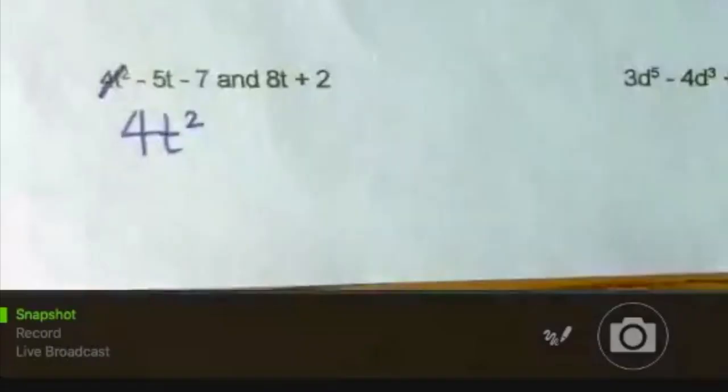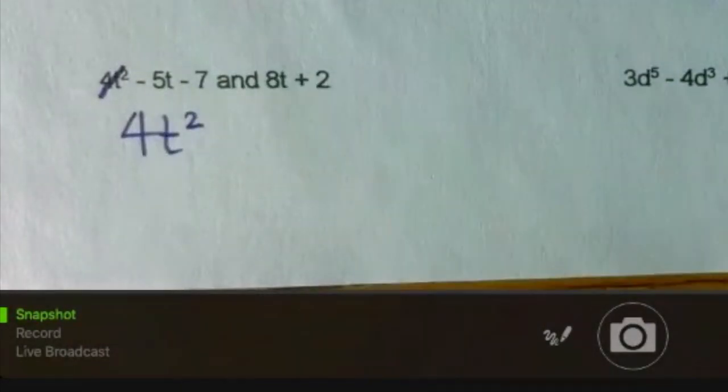So I used that guy. He's gone. So then you said I can combine something with the 5t. I have a negative 7, an 8t, and a 2. Which one's going to go with the 5t? The 8t. So 8 minus 5 is how much? 3. Good. So plus 3t.